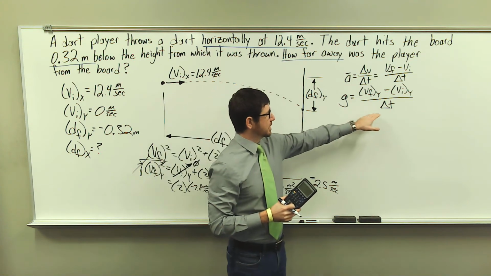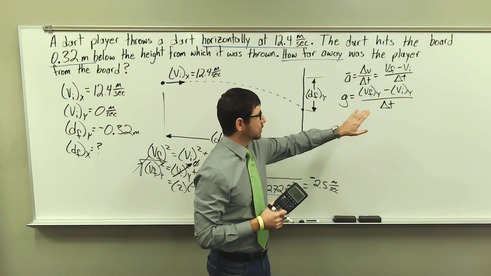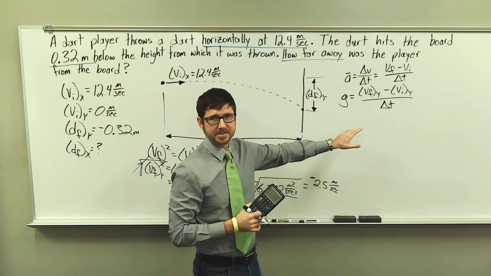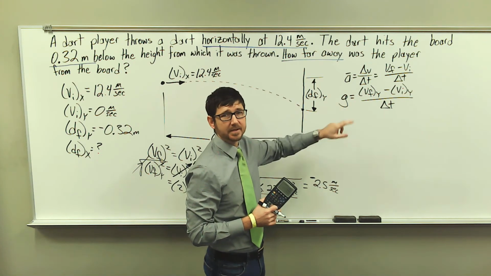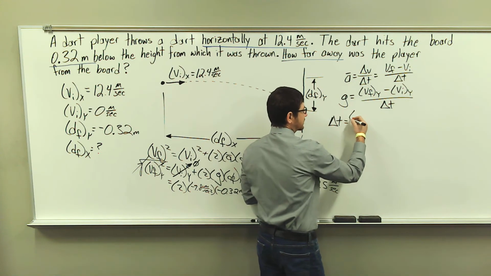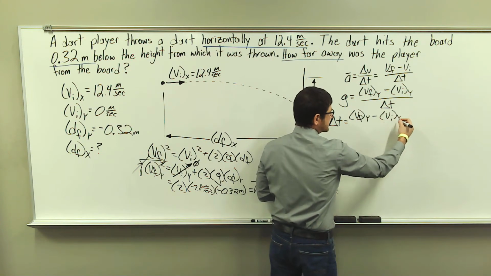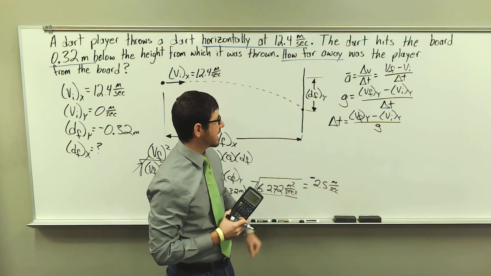So our unknown is on the right-hand side in the denominator. So I'm going to multiply by the time interval on both sides of the equal sign, and then divide by the acceleration due to gravity. So what I have is delta t is equal to final velocity in the y direction minus initial velocity in the y direction divided by the acceleration due to gravity.